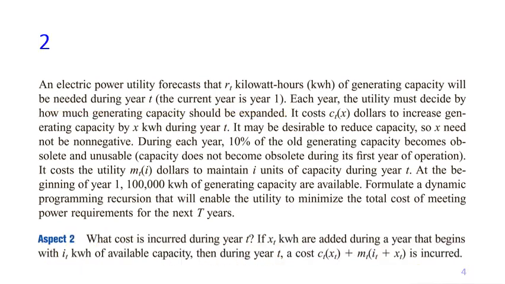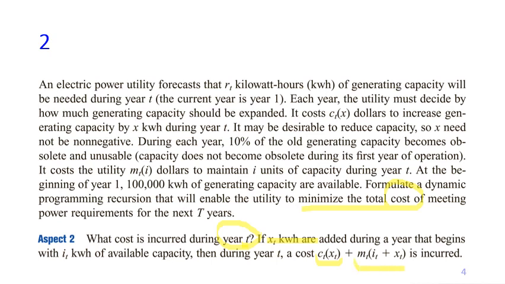Now for aspect 2, because the objective is to minimize the total cost, let's look at all the costs incurred during the year T itself. The activity that we do, or the decision that we make in the year T, is adding xt kilowatt hours of capacity. So the cost for adding that capacity is CTXT, plus we have the maintenance cost.